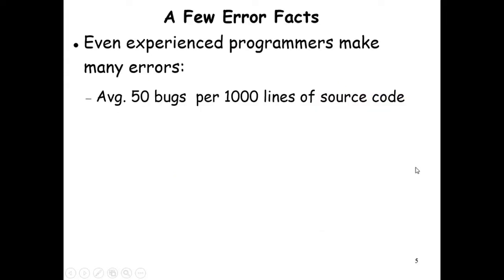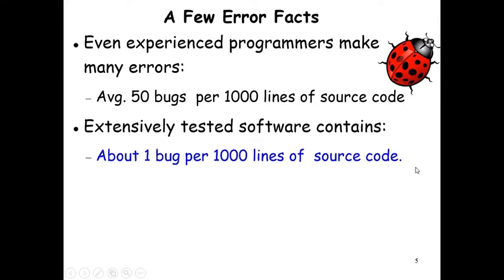Even the most experienced programmers make mistakes. If they write 100 lines of code, then 50 bugs may get inherent in those 100 lines of code. This is the average for an experienced programmer.